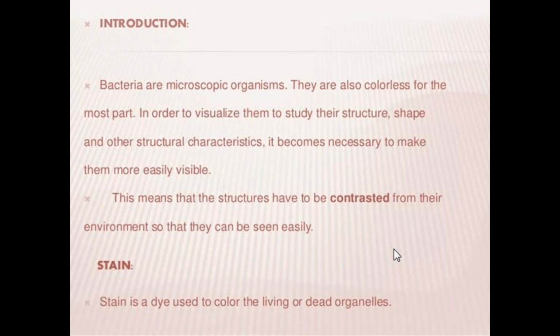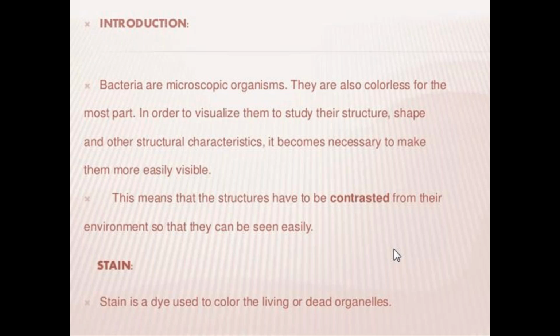For example, for the normal observation of the shape of microorganisms, any one of the stains can be used to enhance contrast to observe them under the microscope. Depending upon the characteristics to be studied, different types of stains are present. Stains are mainly used for the enhancement of contrast to visualize under the microscope.